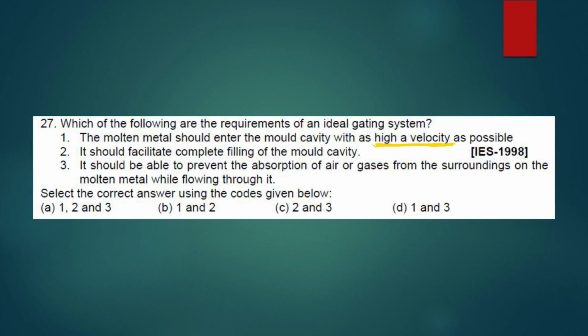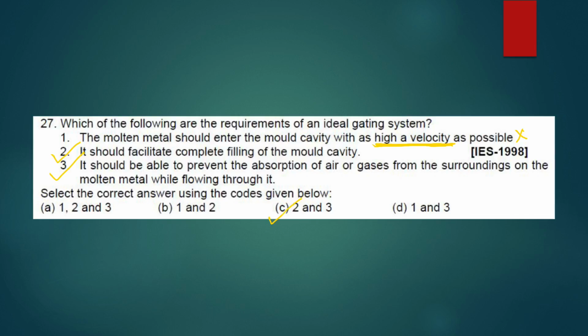Then second one, it should facilitate complete filling of the mold cavity. Yes, this is correct. It should prevent the absorption of air or gases from the surroundings on the molten metal while flowing through it. Yes, this is also correct. So 2 and 3, option C is our answer.